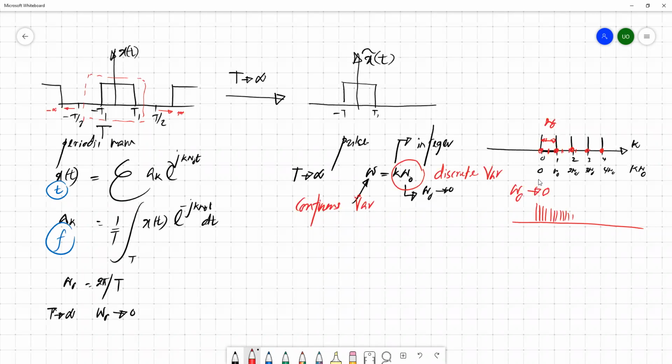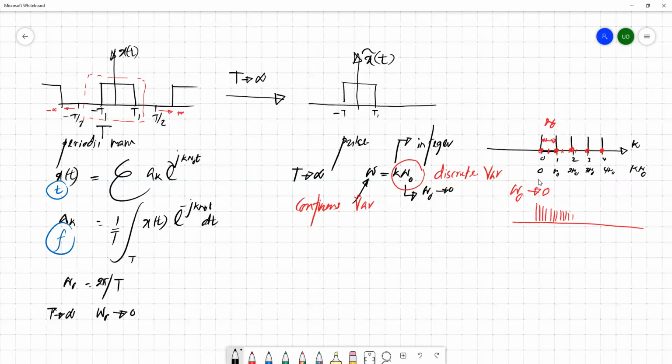Ultimately the consecutive samples may be overlapping, so this discrete variable converts into a continuous variable. This is what happens when T goes to infinity.